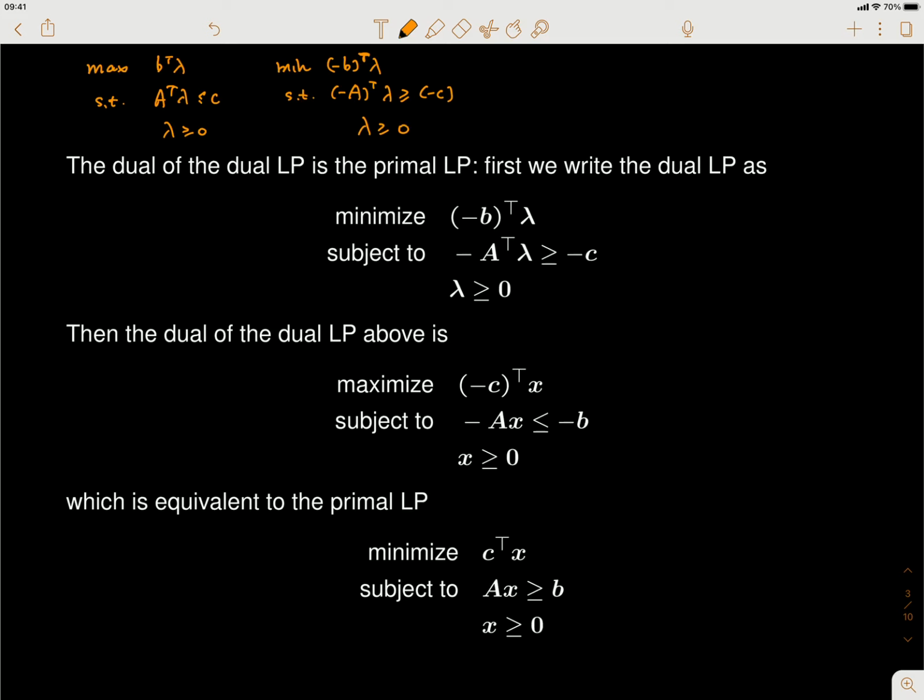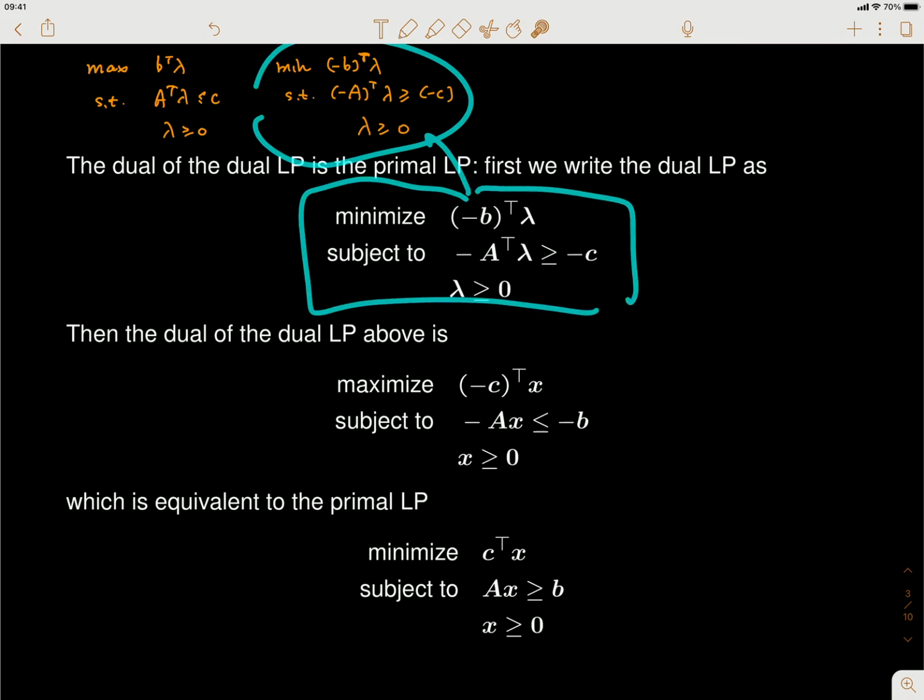So now you can see that the dual problem can be considered itself as a primal problem just by putting a negative sign in front of A, b, and c. Then according to what we did before, this is repeating what I have here.